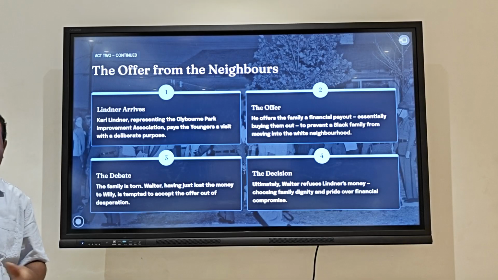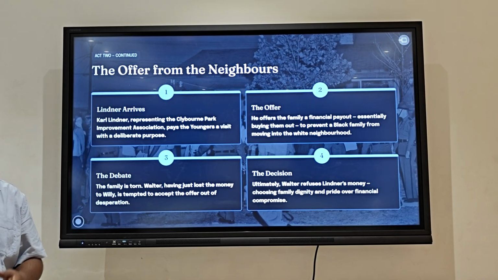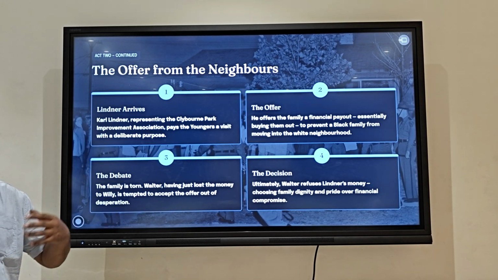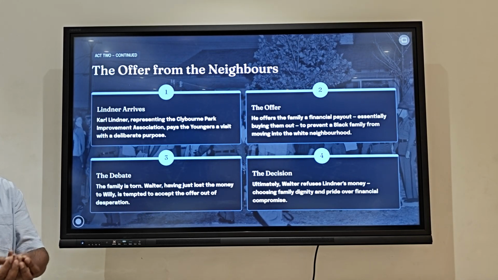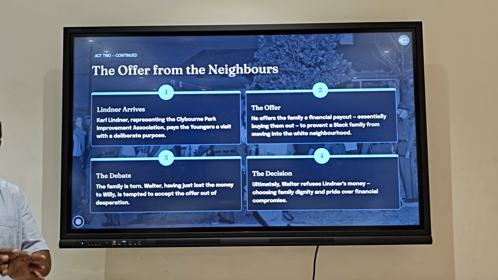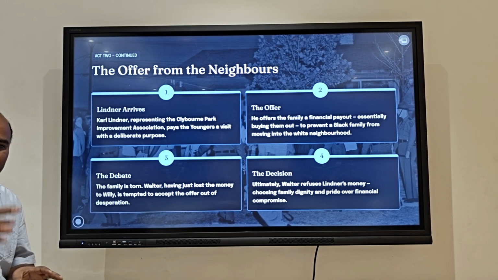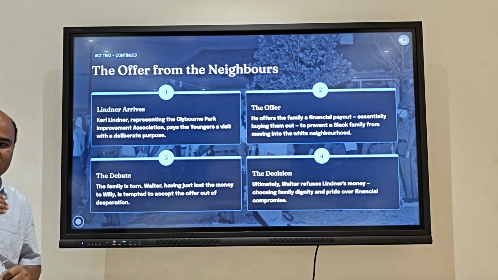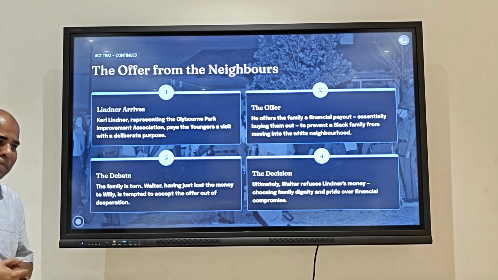Walter, who has lost the money, wants to jump at the offer, wants to accept the amount so that they all can salvage their condition in some way or the other because it's all gone. And there are other members who think otherwise. So this particular offer gives rise to this kind of debate in the family.